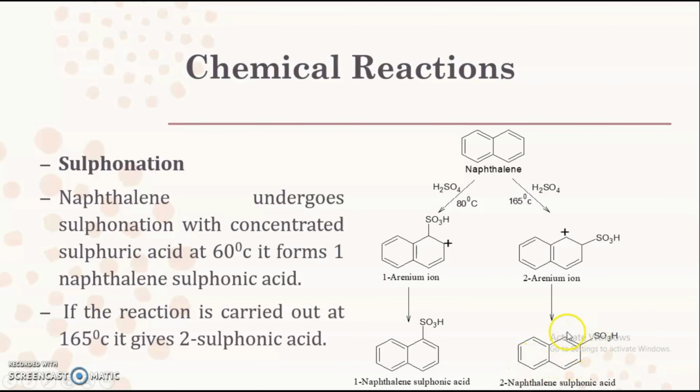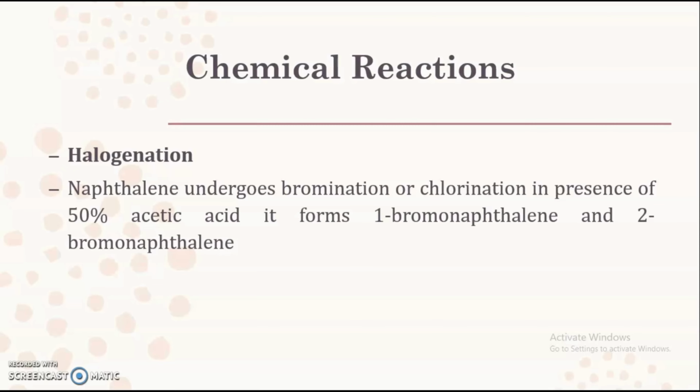The second electrophilic substitution reaction that we are going to discuss is halogenation. Here we can perform either bromination or chlorination. When naphthalene undergoes either bromination or chlorination in presence of 50% acetic acid, it leads to the formation of 1-bromonaphthalene or 2-bromonaphthalene.